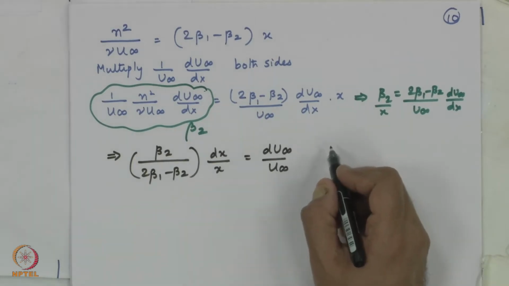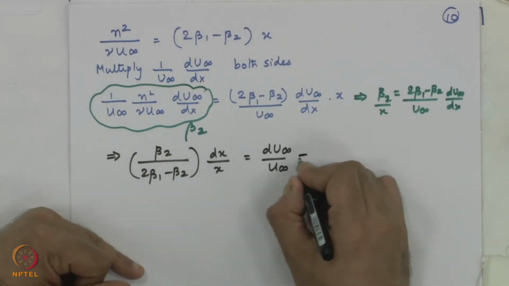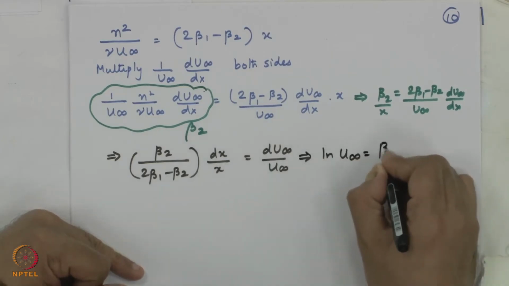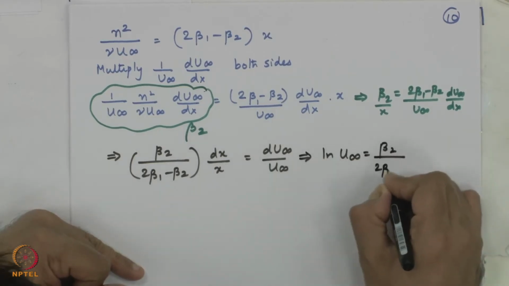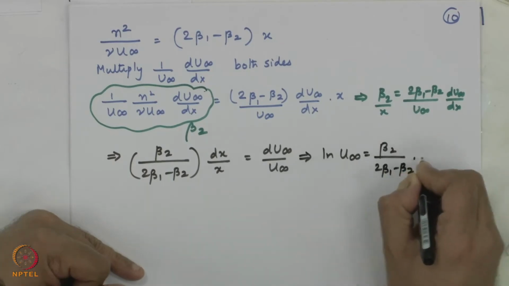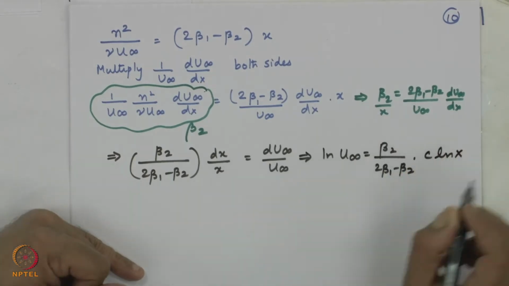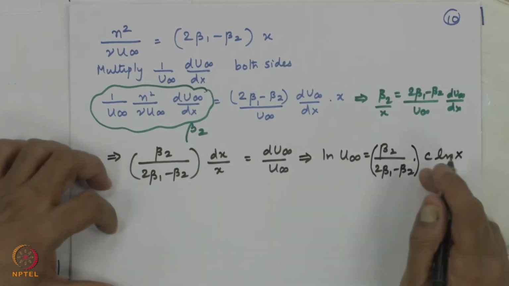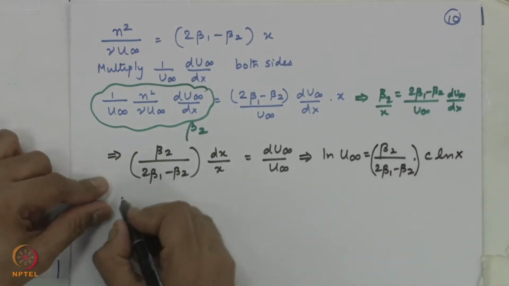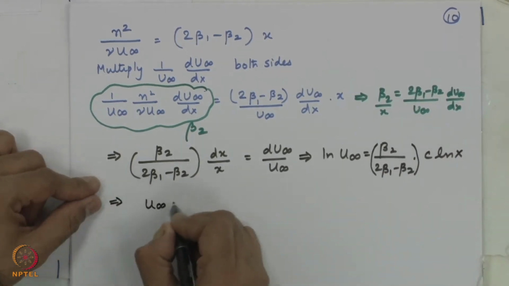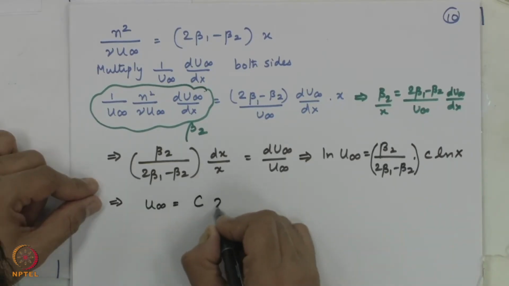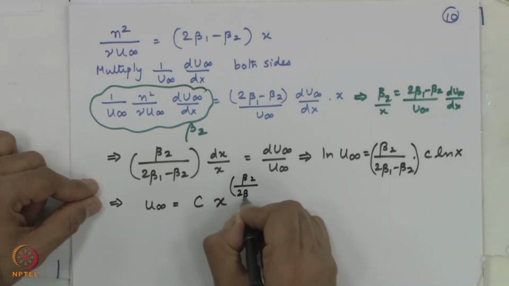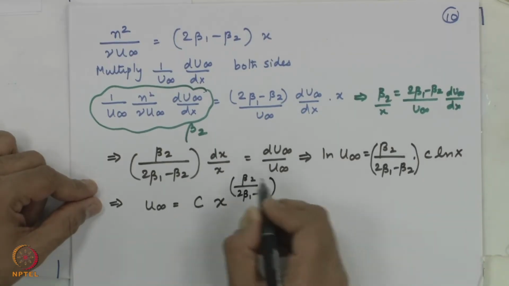I will get log of u infinity is equal to beta 2 by 2 beta 1 minus beta 2 times log x plus a constant. The constants, instead of adding, you are just taking it inside here, that is all, which means u infinity is equal to c x to the power beta 2 over 2 beta 1 minus beta 2.